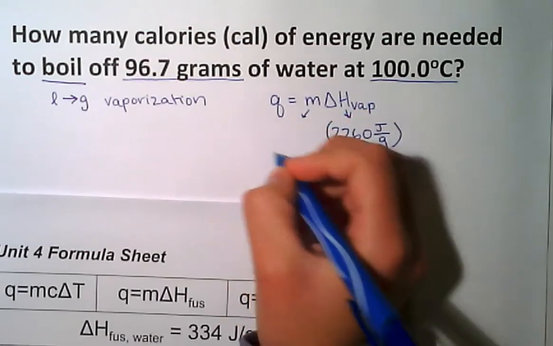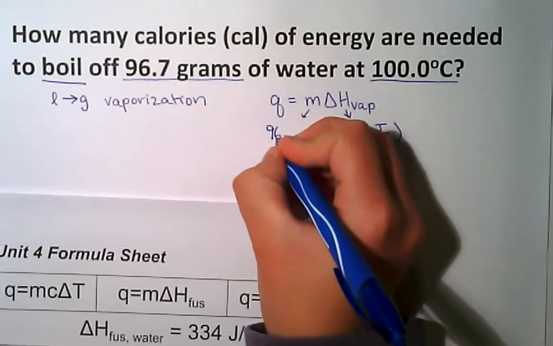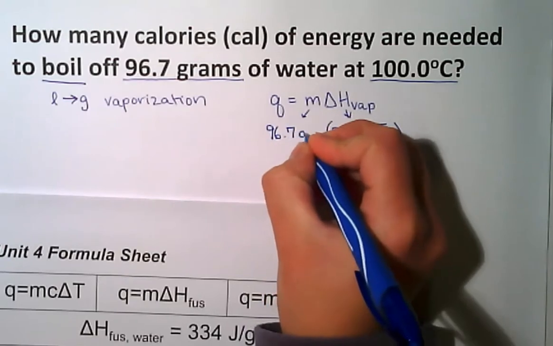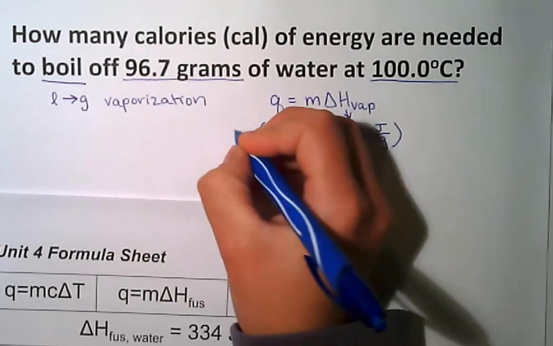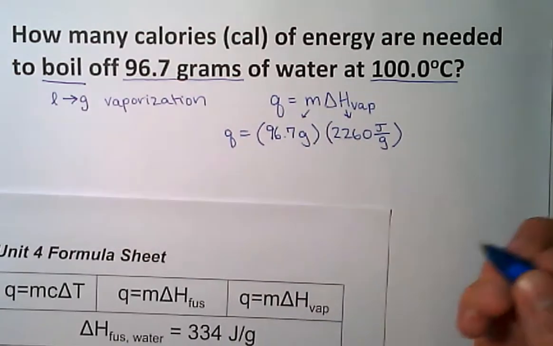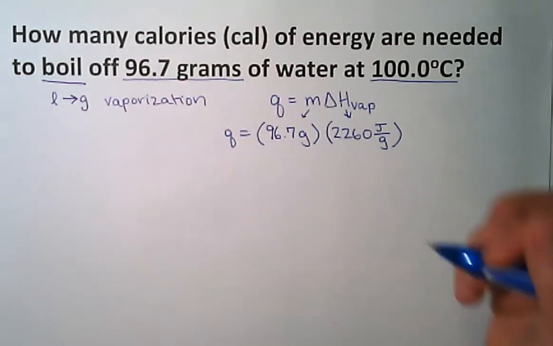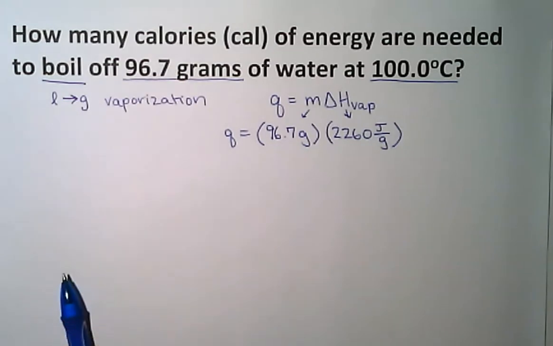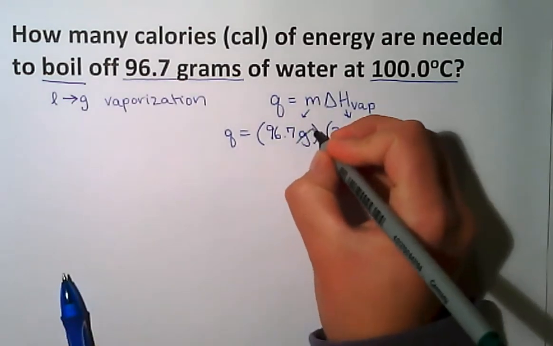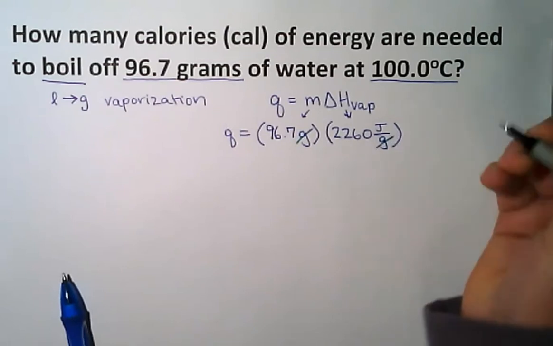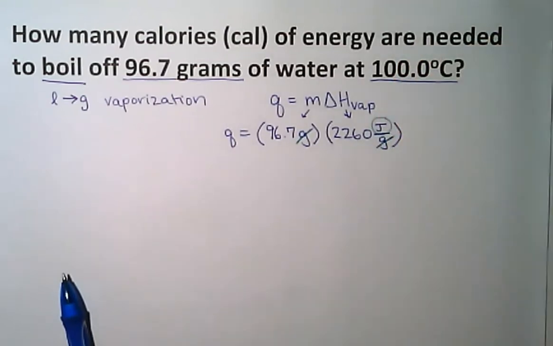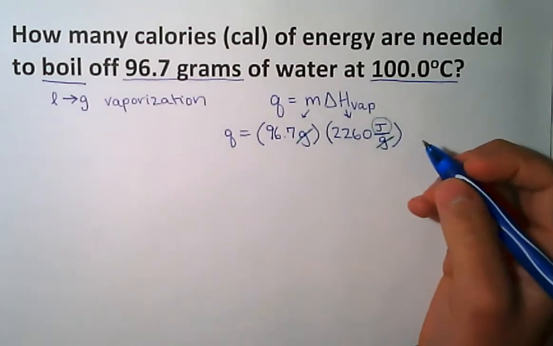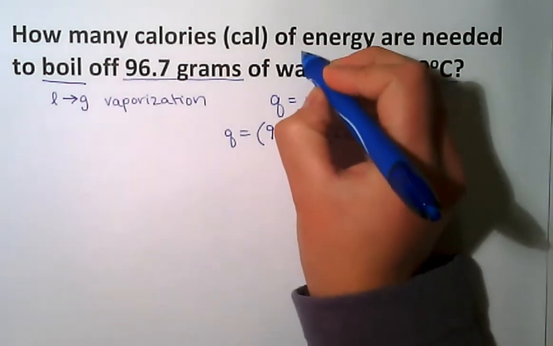So our value for m is 96.7 grams. And that's all equal to our value for Q. When we do this calculation, our units of grams is on top and on bottom, so that will cancel, and we'll just be left with joules in our final answer. And that is appropriate because we are looking for energy.